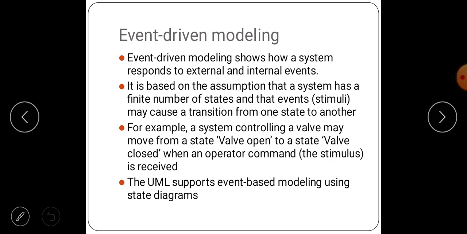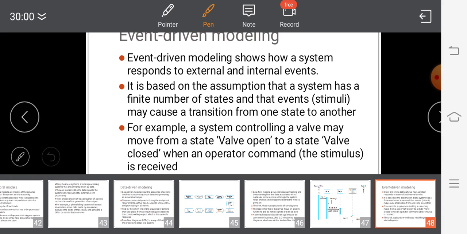Next, in behavior, we are discussing event driven modeling. What is this event driven modeling? Event driven modeling shows how a system responds to external and internal events. Here we clearly know what is meant by data and what is meant by event. It is based on the assumption that a system has a finite number of states and that events may cause a transition from one state to another state.